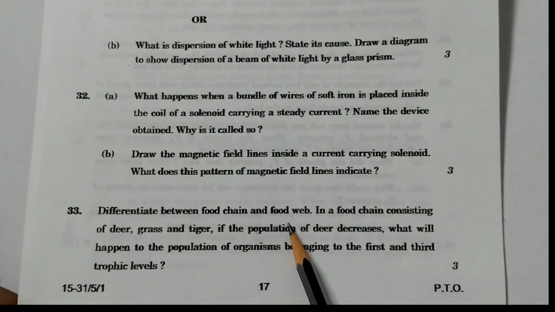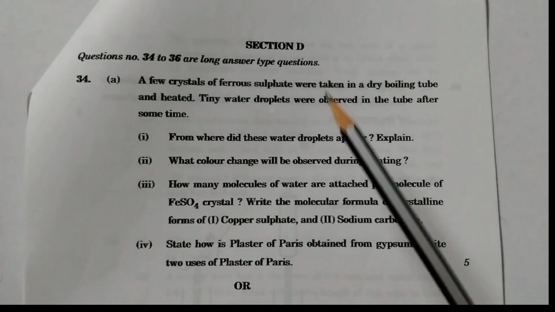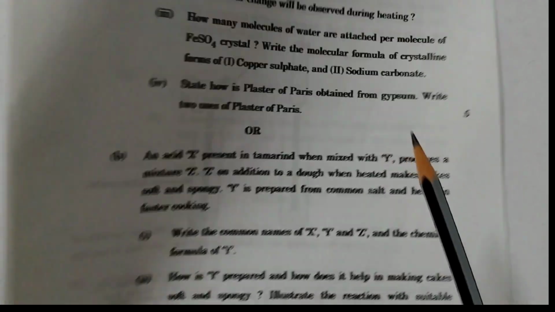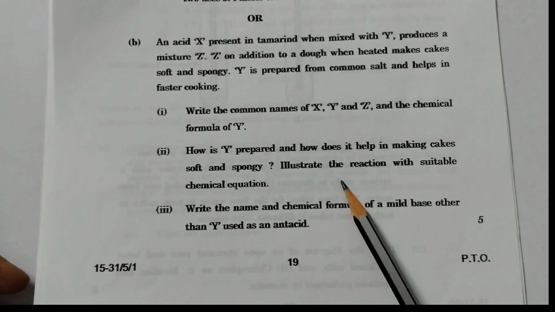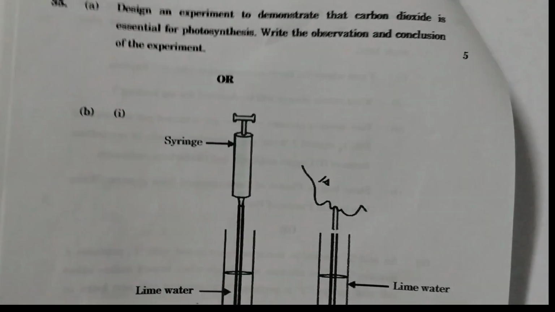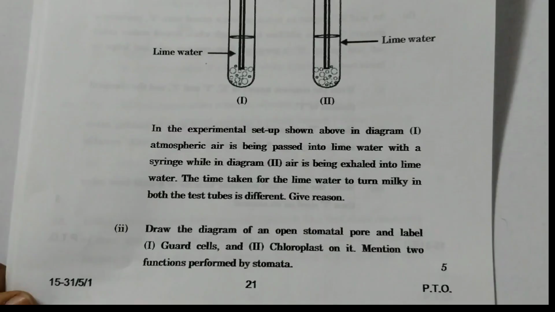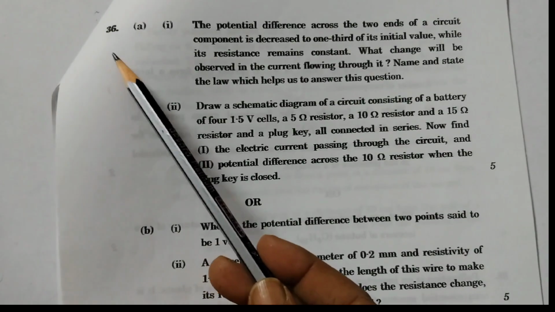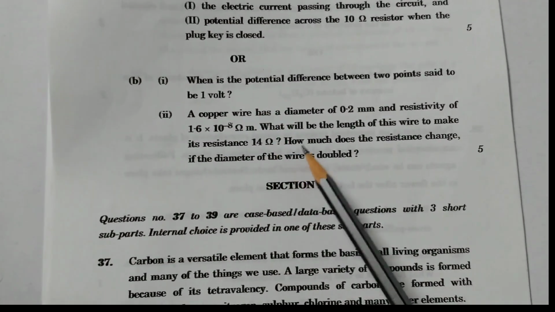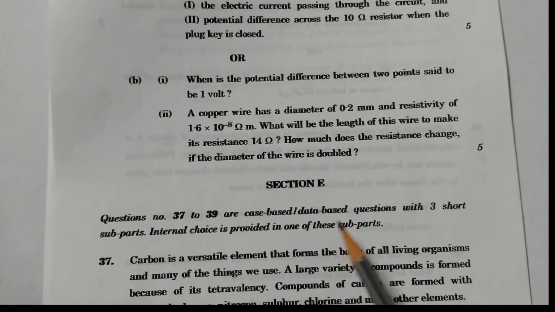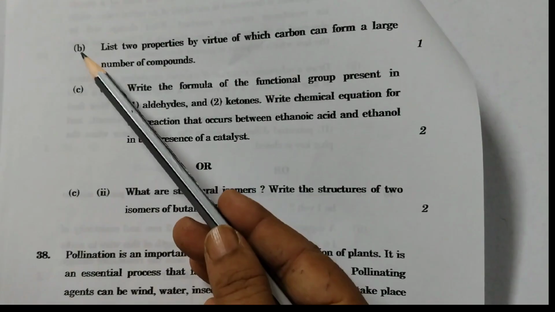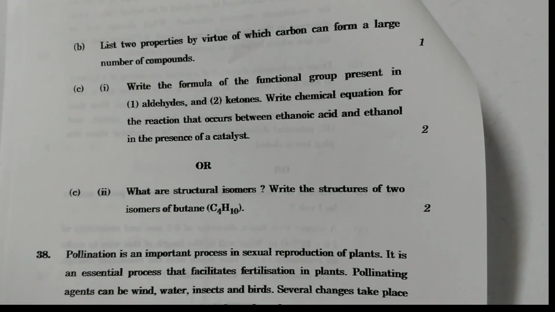differentiate between food chain and food web. Section D: 34A or B. Question number 35A or B. 36A or B. Then we have Section E. Question number 37, B, C, D. This is all question number 37.